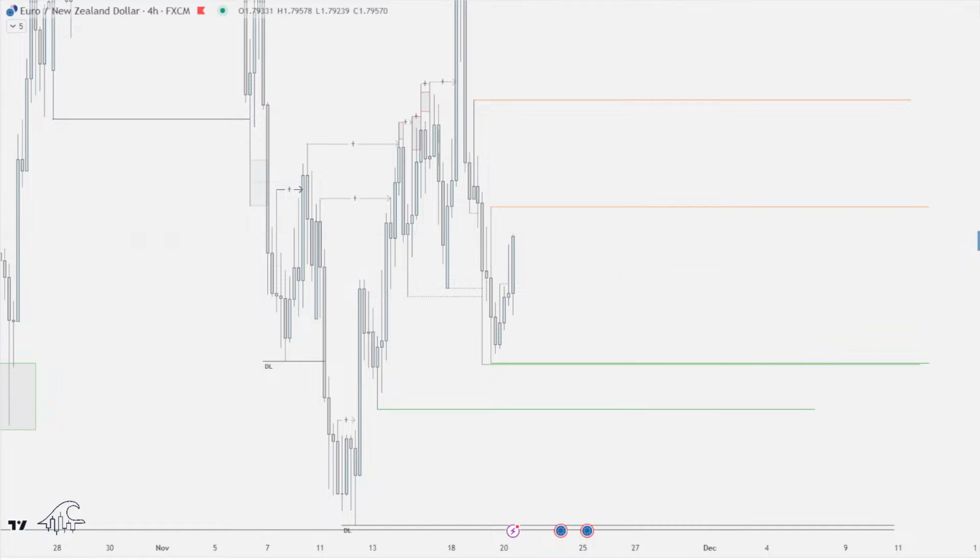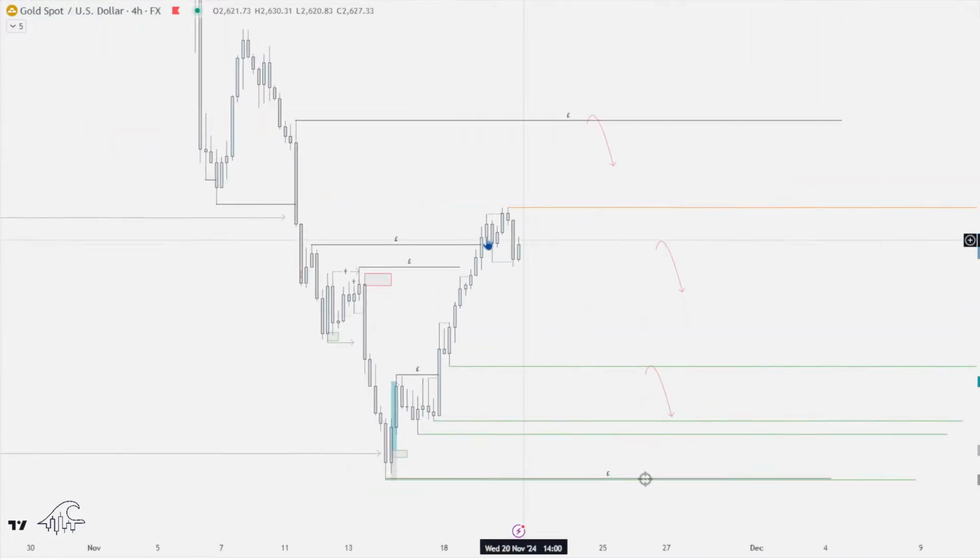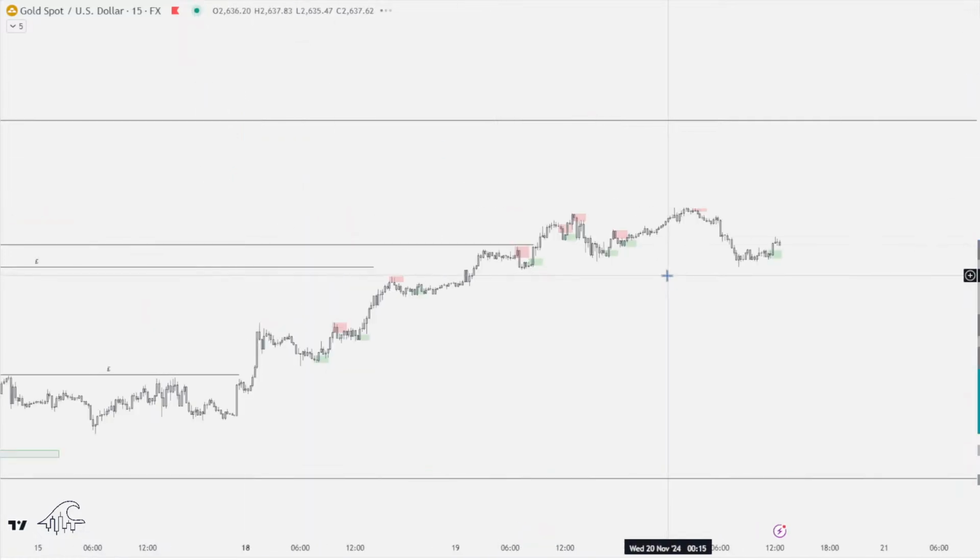So let's just have a look at what alerts we've got. We've got Euro, NCD, Euro, GJ, U-Chef. So let's head over to gold. This is another example here. We took the high. Let's go down to the 15 minute.